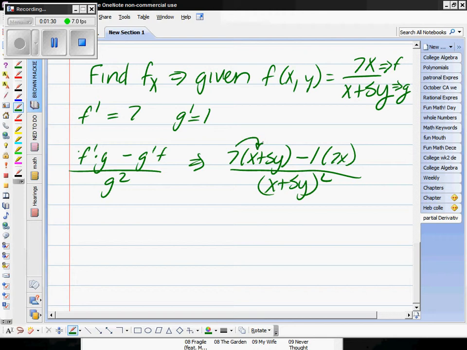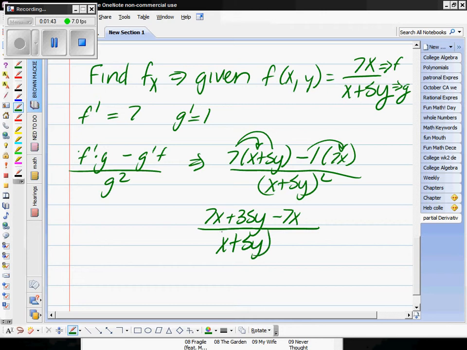So we distribute the 7, and that gives me 7x plus 35y. Distribute the minus 1, and that'll give me a minus 7x. And again, that's all over x plus 5y squared. So the 7x cancels, leaving 35y over x plus 5y squared. And that will be my answer.